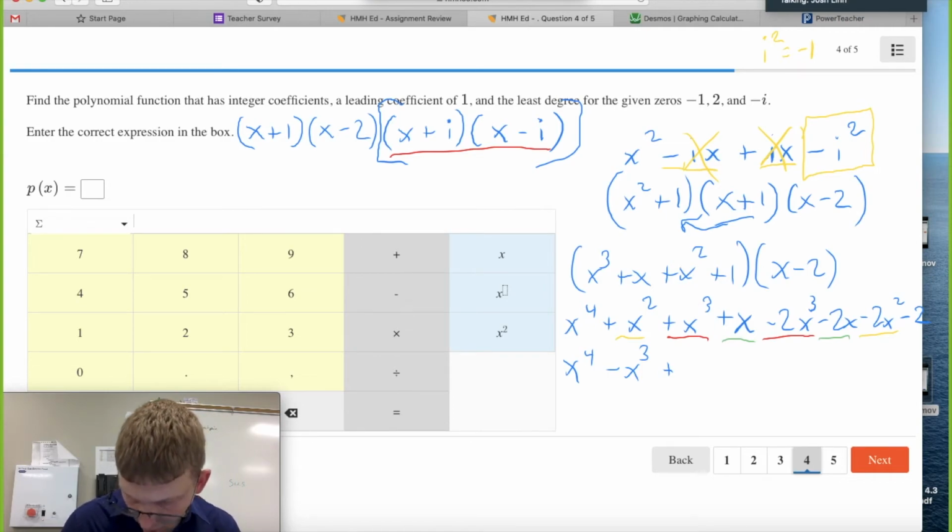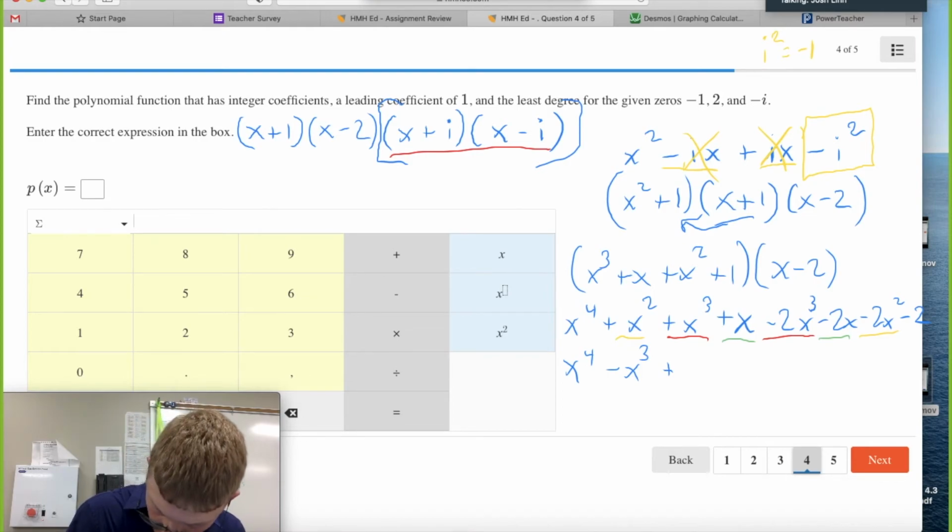So we have a negative 2x squared, we have a positive x squared, so that's going to be a minus x squared. We have a negative 2x and an x, so it's going to be minus x minus 2.